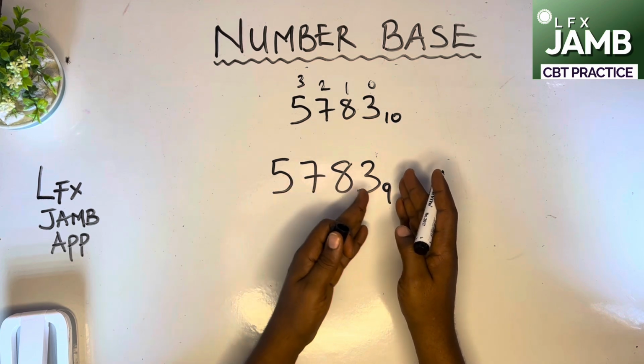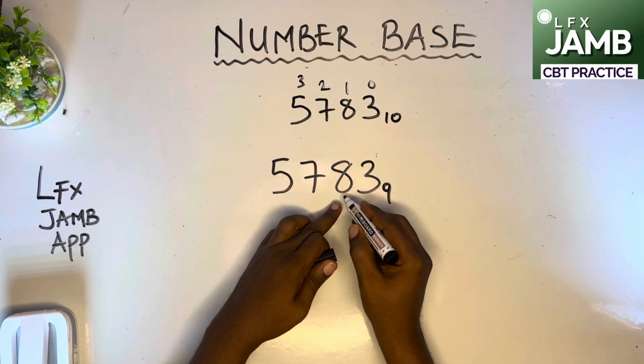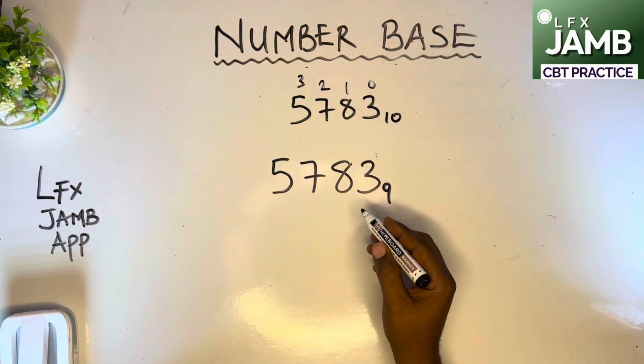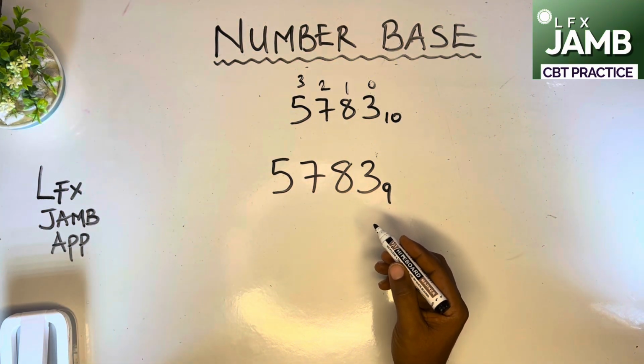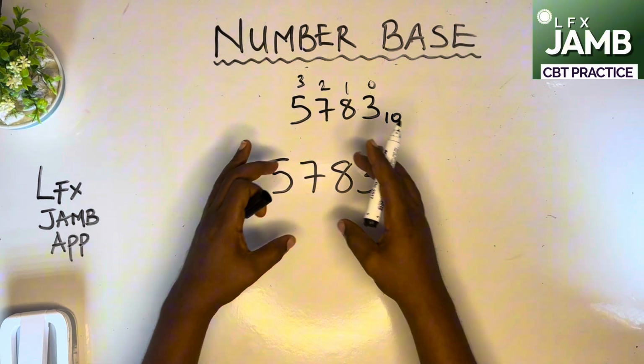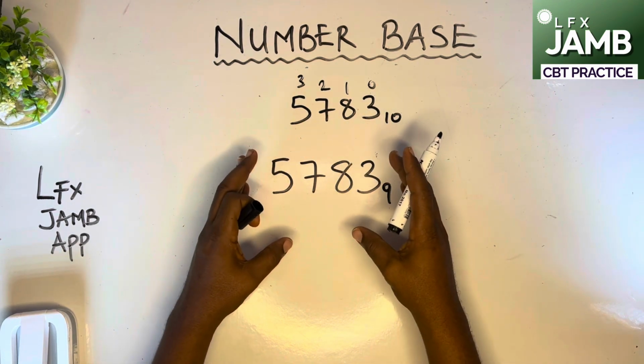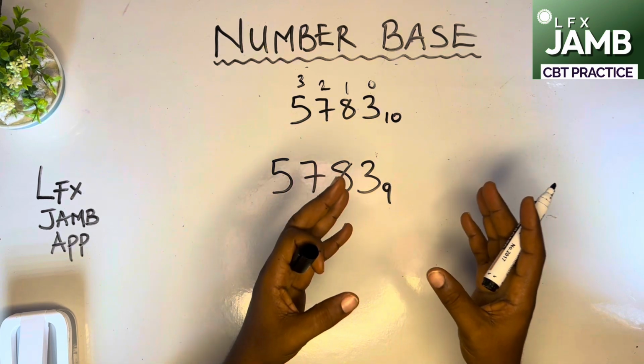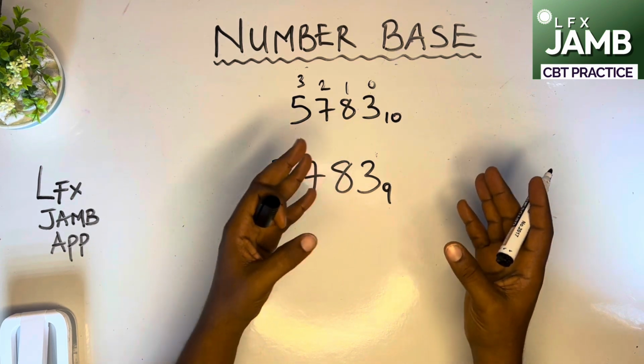So for a base 9 number, the highest digit we can get is 8. So if we are given this number in base 9, what does this number mean in our base 10 programmed mind?